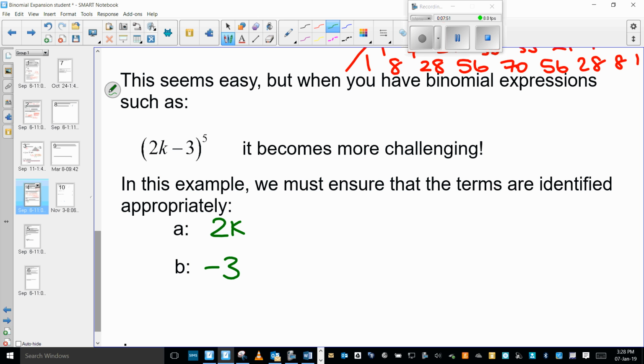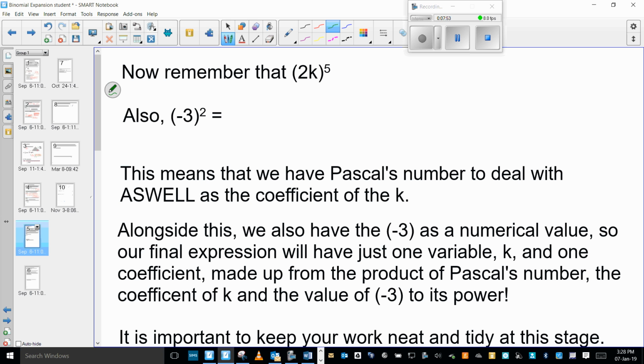So here, if we've got, for example, A to the power 5, it would be 2k all to the power 5, which means that it's 2 to the power 5 and k to the power 5. Does that make sense? So this would actually be 32k^5.